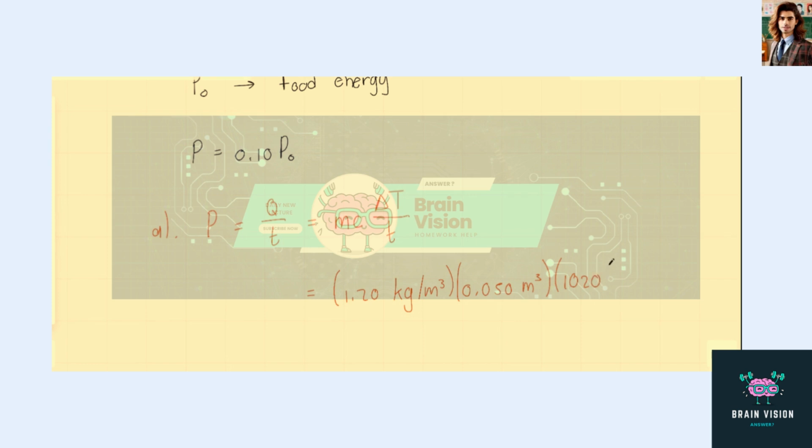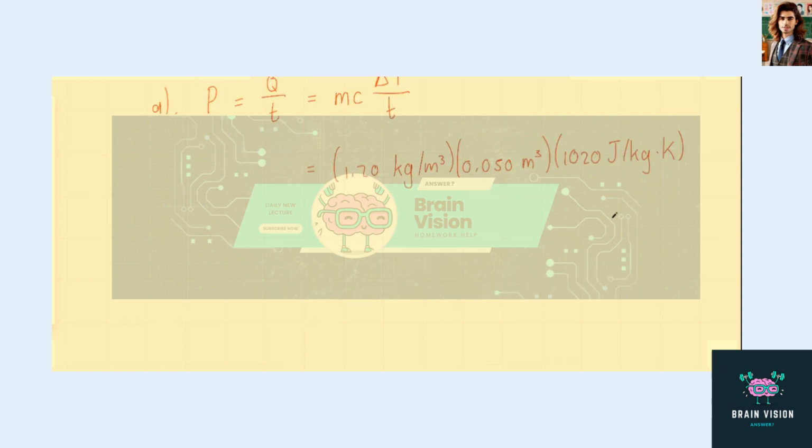C, the specific heat capacity for air, is 1,020 joules per kg Kelvin. And finally, delta T over t is 1.6 Celsius degrees every hour. So that's the rate at which the temperature is changing, 1.6 degrees Celsius every hour.